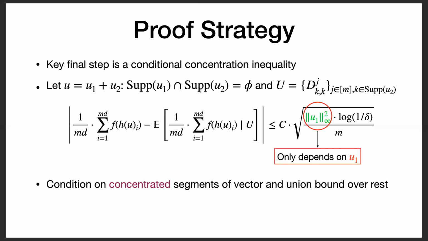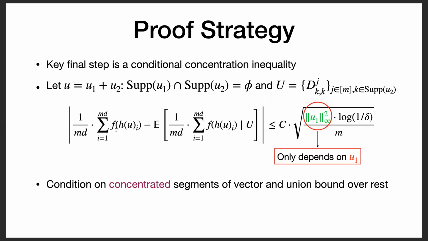Consider the random variables corresponding to those diagonal entries of the diagonal Gaussian matrices, which define our Hadamard transforms, that interact with the non-zero elements of u2.